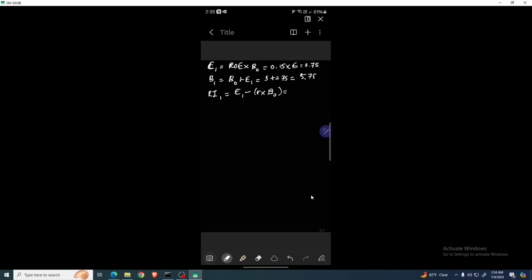And this would be our earnings 0.75, and what's our rate of return? That would be 10%, K, and this is going to be 0.25.